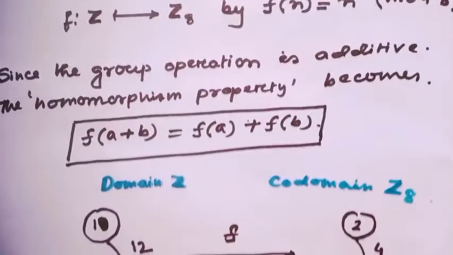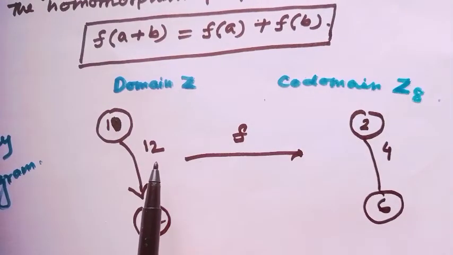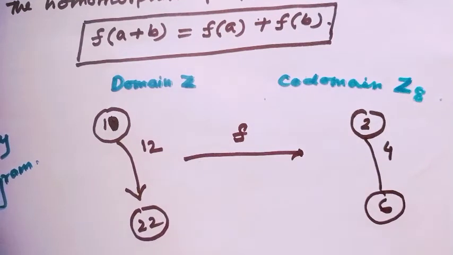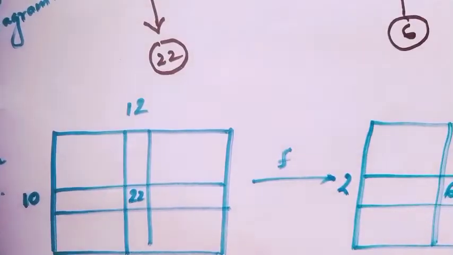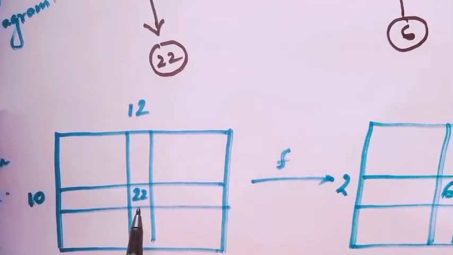Let's consider two numbers in Z, 10 and 12. After addition, it will be 22.